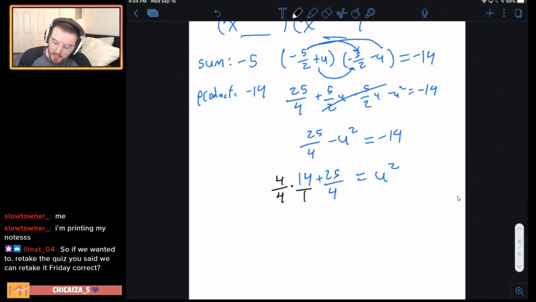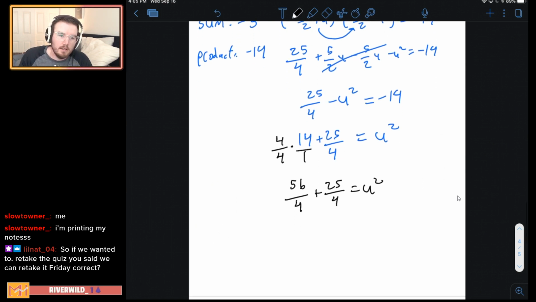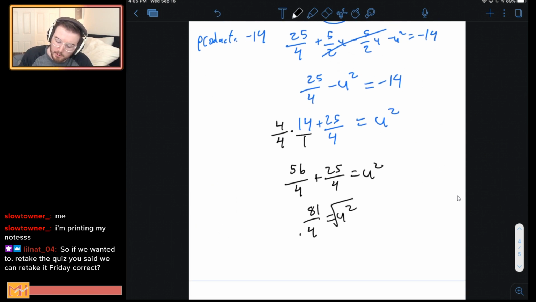And so this becomes 4 times 14 is 56 over 4 plus 25 over 4. Now those two things can easily be added together. I end up with 81 over 4 equals u squared. Take the square root. I end up with 9 halves equals u.